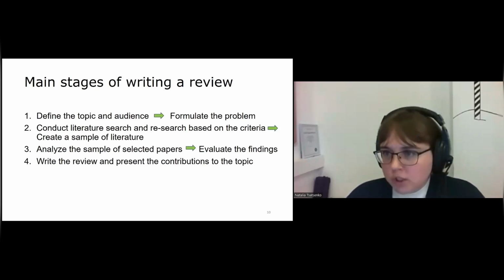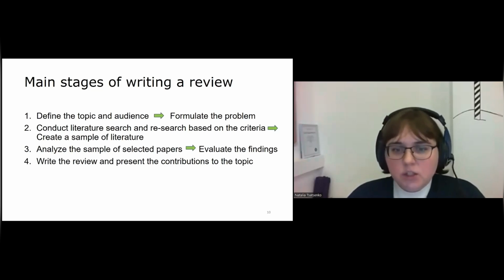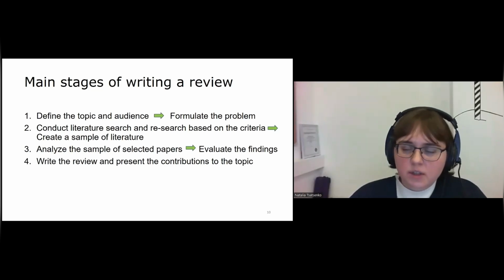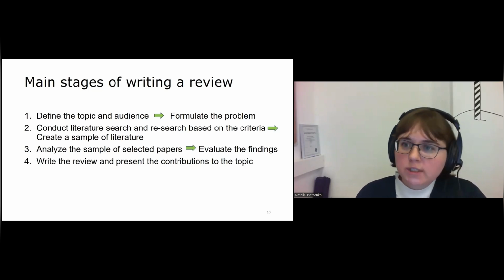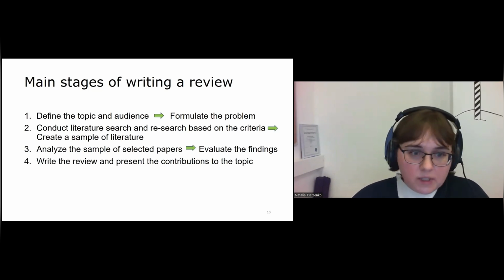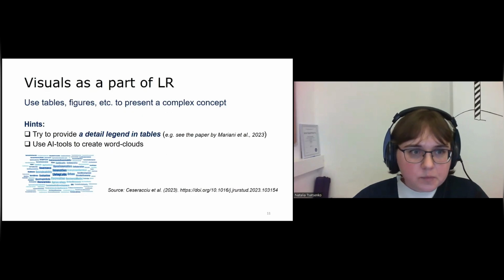And we will talk today more precisely about the writing and the last important step in the writing. It doesn't matter whether the literature review is a part of your paper or an independent study. You have to show what the contribution is and what the future trends of the paper are. So this is, again, the slide on the purpose of literature review.